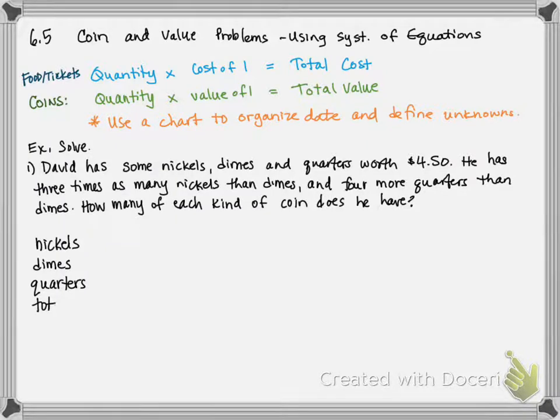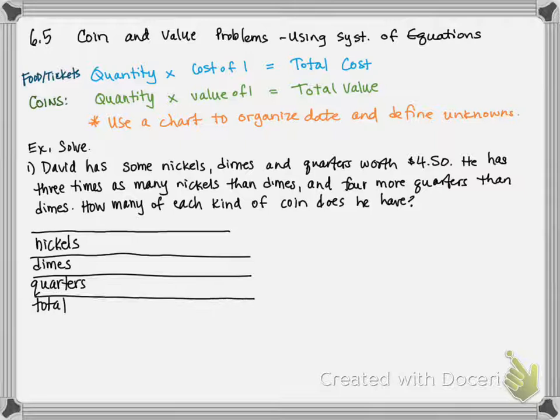Now I'm going to add the word total, because that's going to come into play. And we're going to talk about quantity. And because these are coins, we're going to say value of one, because they don't cost. That sounds weird. And then total value. So it's just words.